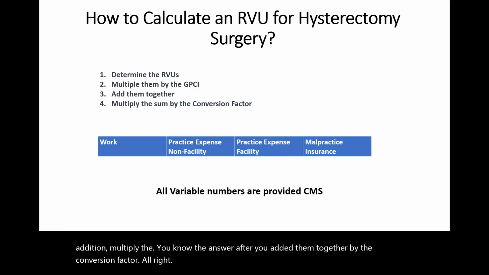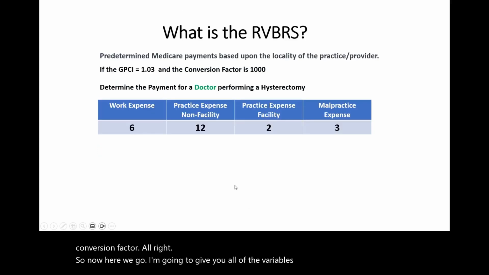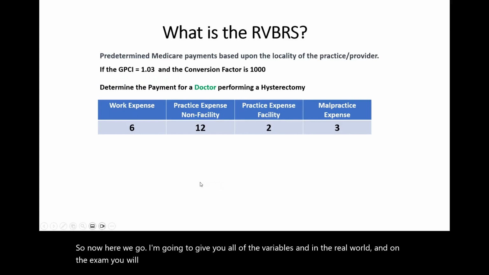All right. So now, here we go. I'm going to give you all of the variables, and in the real world and on the exam, you will be given all of the variables.